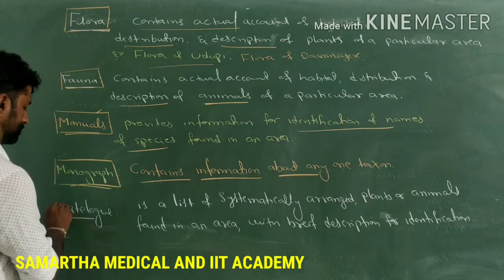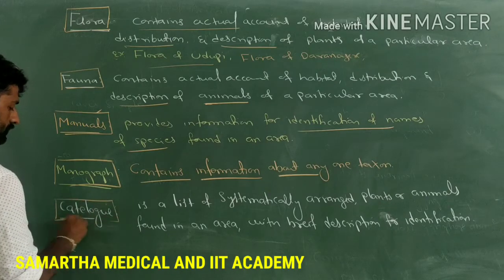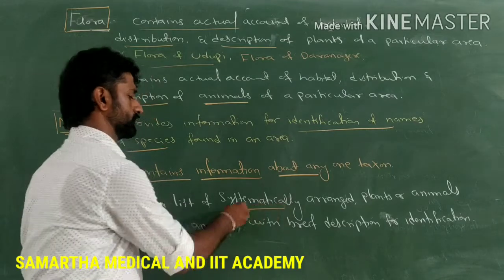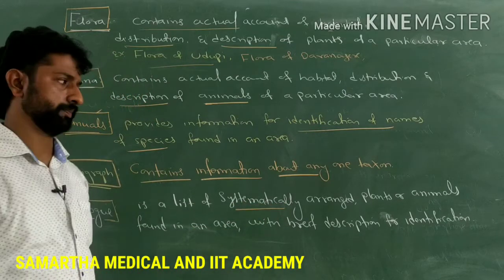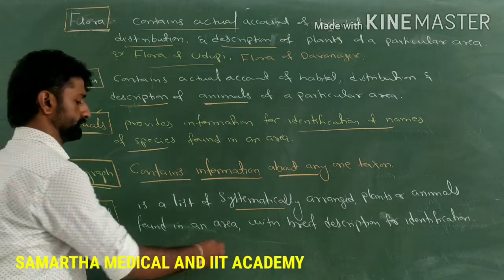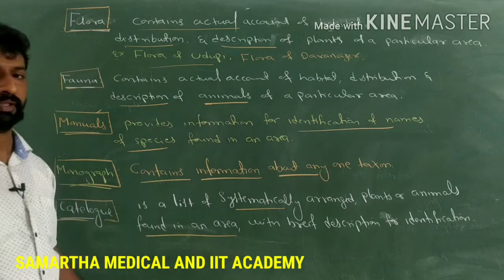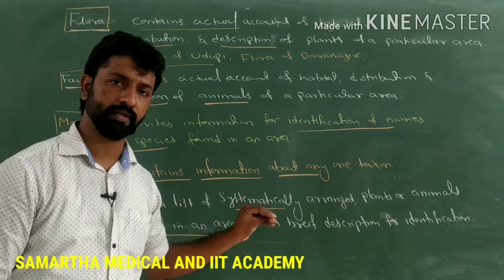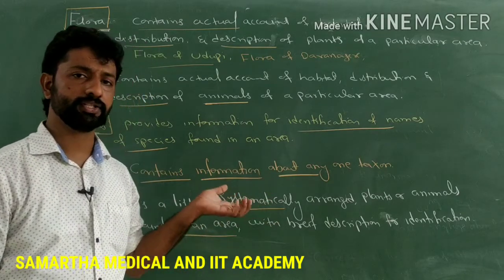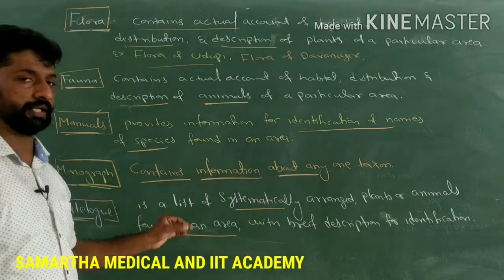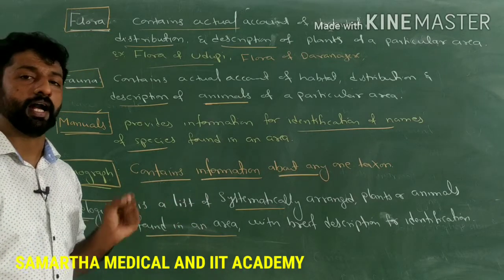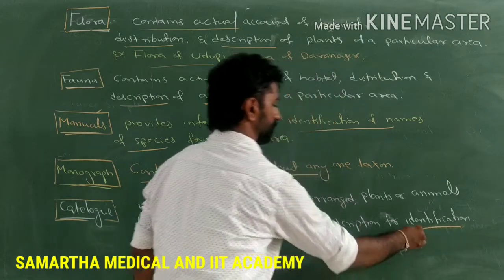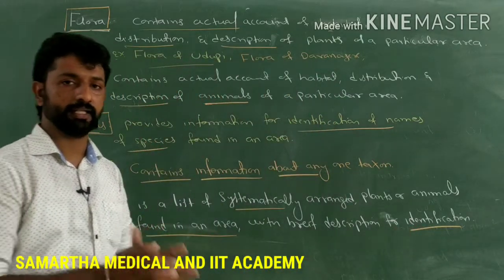Next is catalog. What do you mean by catalog? It contains a list of systematically arranged plants or animals found in an area, regarding a particular geographical area, and also contains a brief description for the identification of that plant or animal in that geographical area.